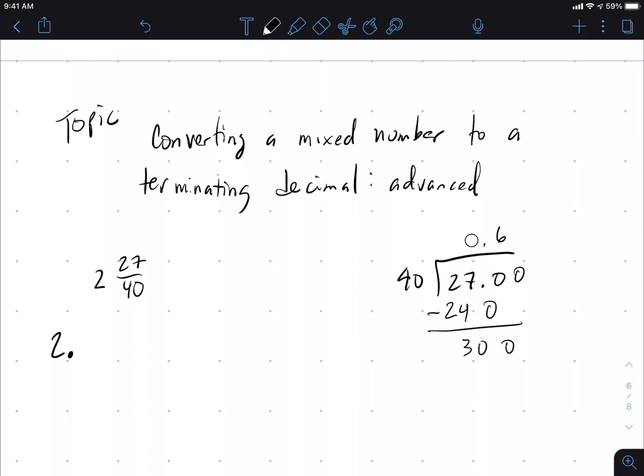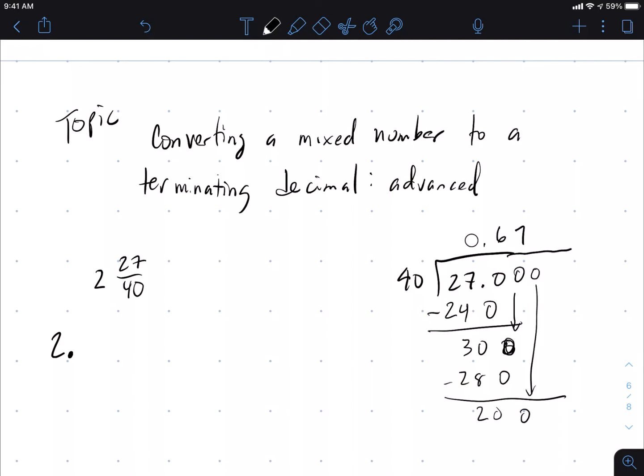Okay, good. So how many times can 40 go into 300? Seven times, right? So we bring down that other 0, and that's going to be 280. When you subtract, that's a 20. We bring another 0 down.